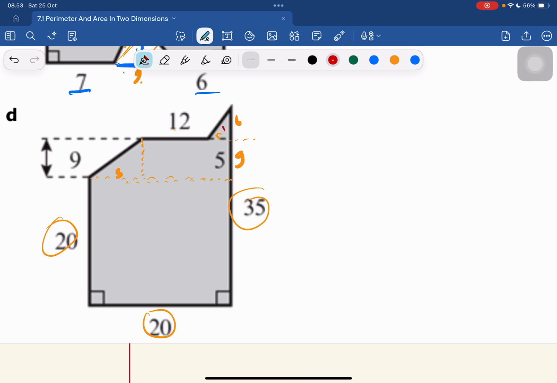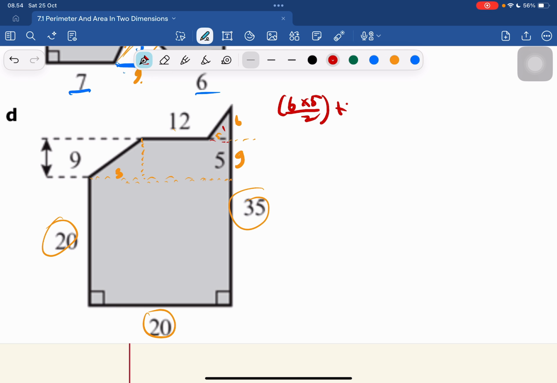Okay, first the small. 6 times 5 divided by 2 plus, here is, yeah, we got 12, not 12.